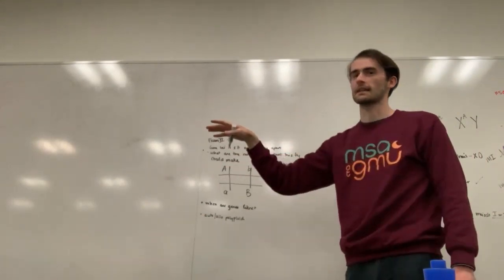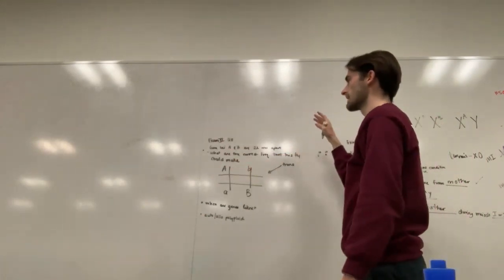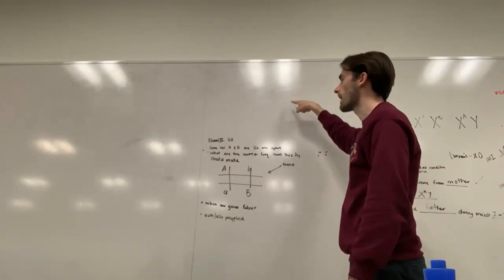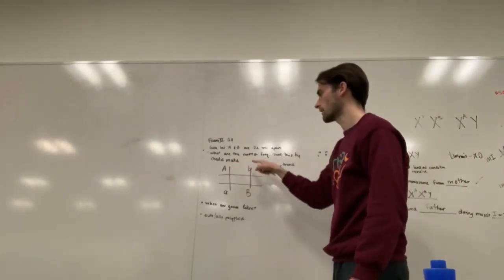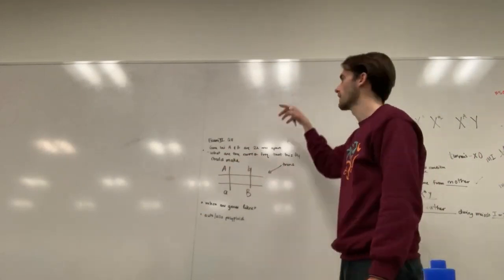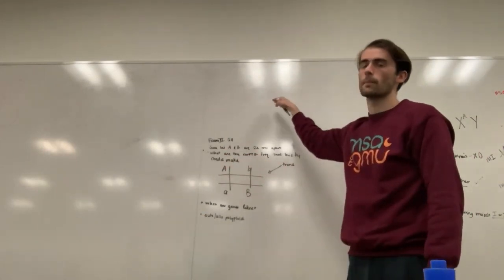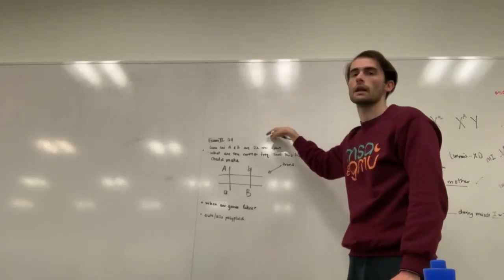So what this is really asking, poorly worded, is out of the possible offspring that could result from a cross between individuals with these genotypes, what is the proportion of every resulting offspring genotype?